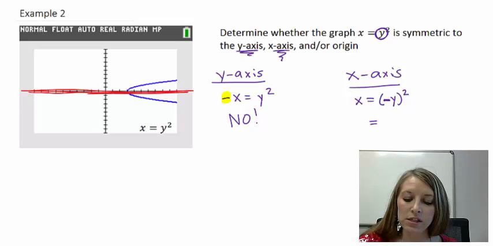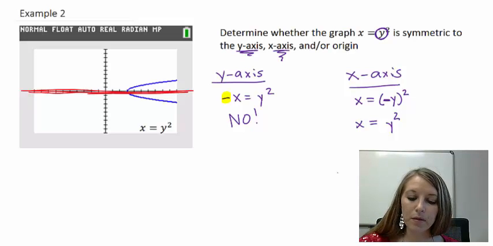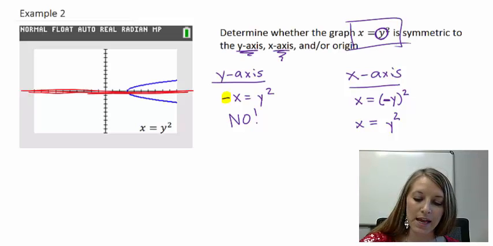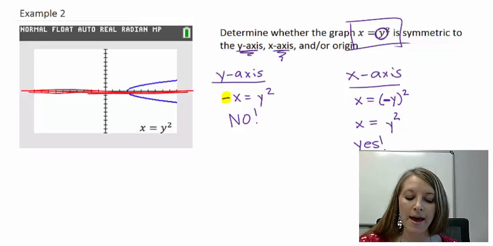I don't need this negative here. I know that that's always just going to simplify to be a y squared. I still need to keep the square because I still have to square it, but I know that's going to be positive in the end, so I can eliminate my negative there. My x I just copy down from the previous step. Notice I end up with the same equation that I had before, so that tells us that yes, it is symmetric to the x-axis, which we knew by looking at this graph here.